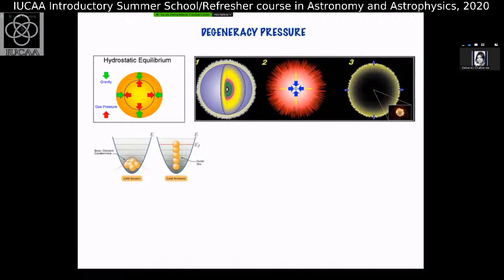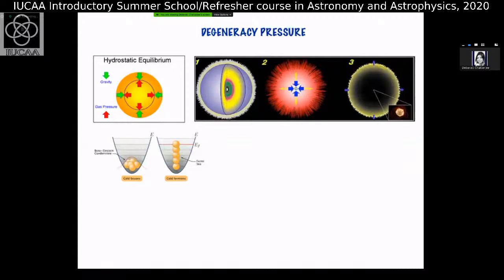So when the star tries to collapse during the gravitational collapse, the electrons, being fermions, have a certain property which is described by the Fermi-Dirac statistics. And this is something like social distancing, in fact, because the fermions avoid each other.